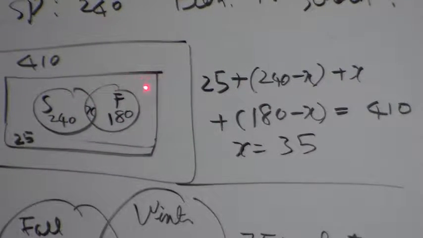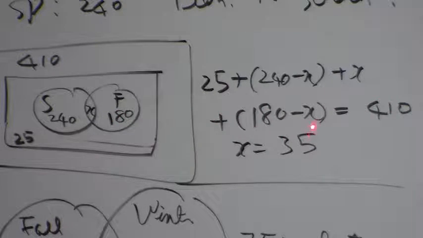And only French is 180 minus x, right? So only Spanish plus both French and Spanish plus only French is 410.